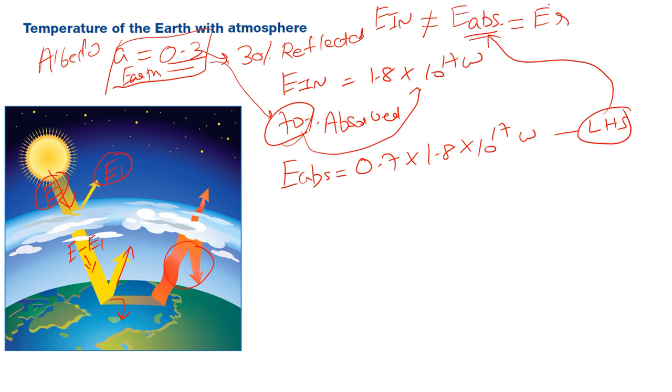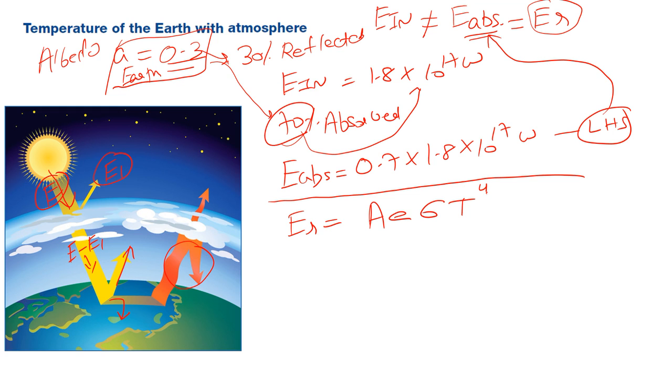Now we will find out the energy radiated. In this particular case also, the right hand side will change. The formula remains the same, that is A e sigma T to the power 4. Area of cross section remains the same as earlier, sigma is a constant, but the value of e will be different.